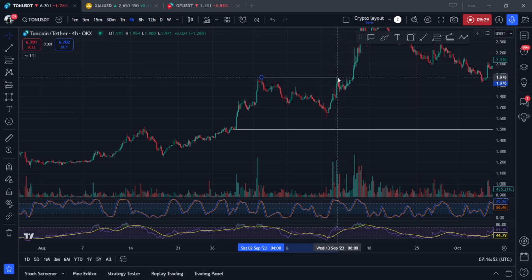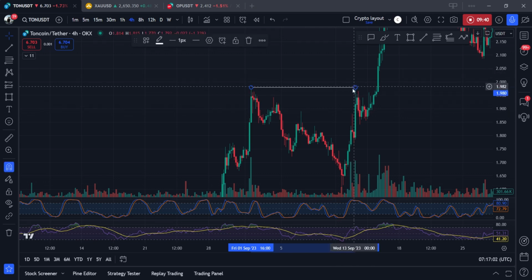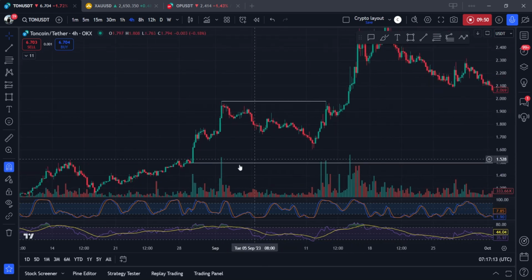One second. Okay, you guys see here? Let me zoom a little bit so you understand. See, it went up there, but it didn't close above the previous high. Until the price closes above the previous high, there's no continuation. And again, the price within this range can do whatever it wants.